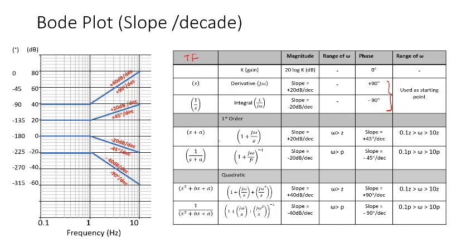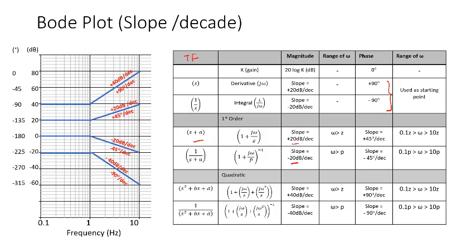Now we have first order and second order. For the first order, the zeros are used to represent a 20 dB slope, and the poles are used to represent a minus 20 dB slope. It is the same for the phase slope.